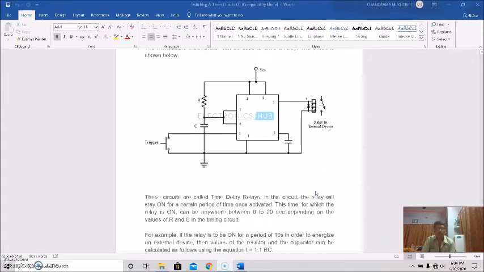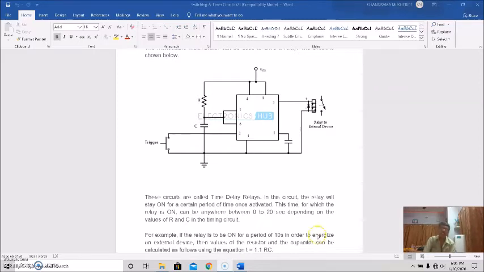So this circuit is called time delay relays. Actually, in this circuit, the relay will stay on for a certain period of time once activated, and this time for which the relay is on can be anywhere between 0 to 20 seconds, depending on the various values of R and C in the timing circuit.